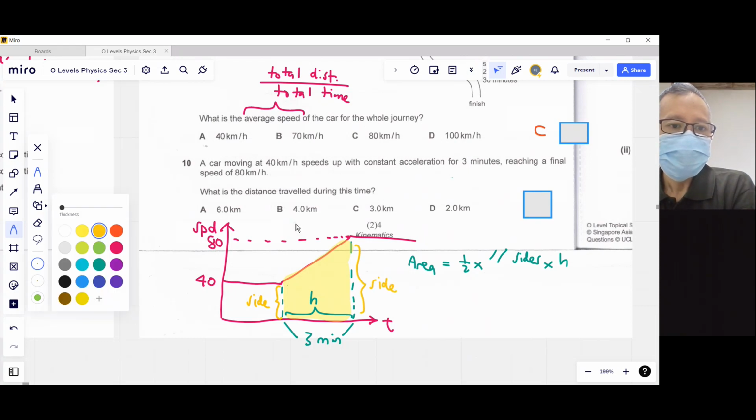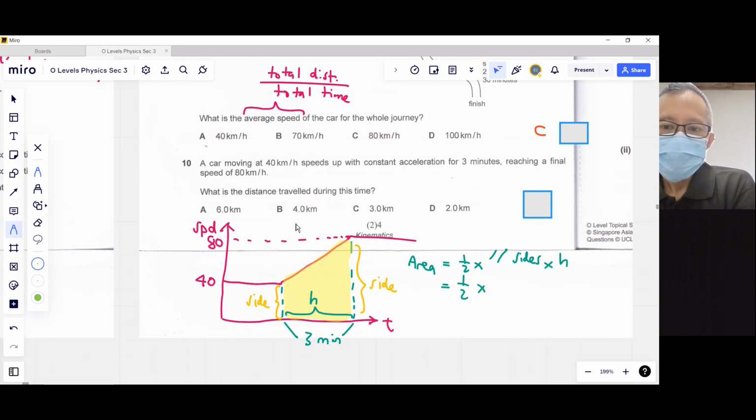So if I sub it in, half times 40 plus 80 times height, but 40 and 80 are kilometers per hour, whereas this is 3 minutes. Convert minutes to hour, so it's 3/60 hour. That's the tricky part that you miss out.